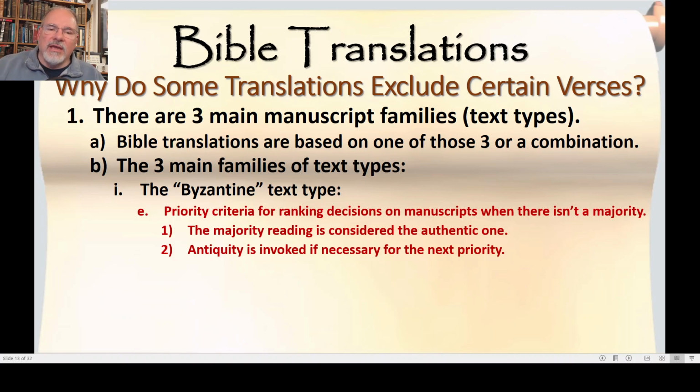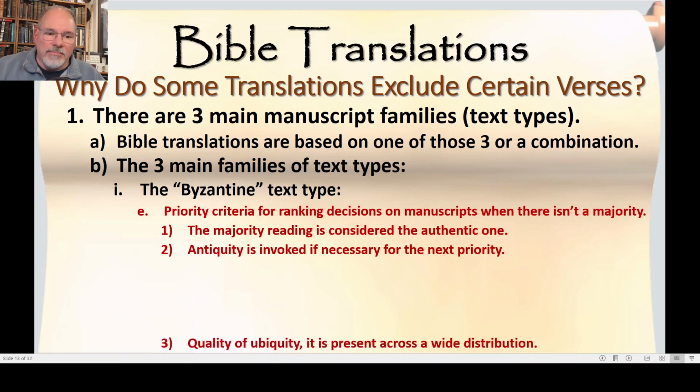In other words, you'd say, okay, out of all these, since there's no real majority, what's the oldest one? Take the one that's oldest, assuming that it is probably closer to the original. Not always, but that would be the next step.